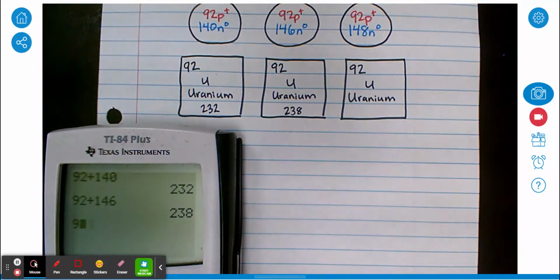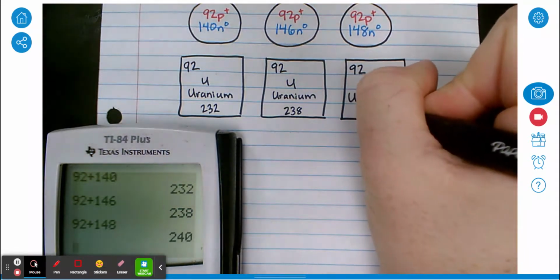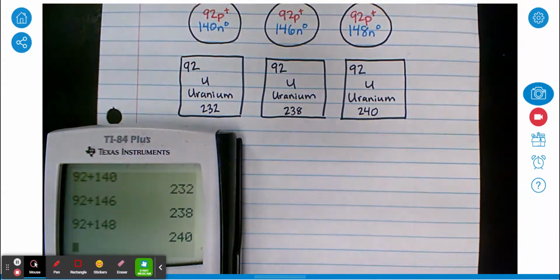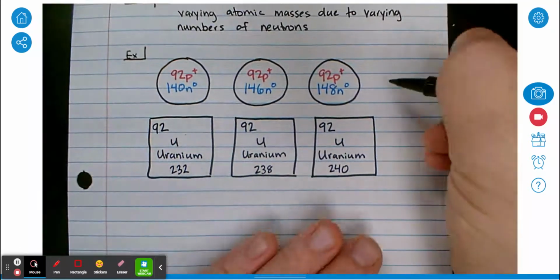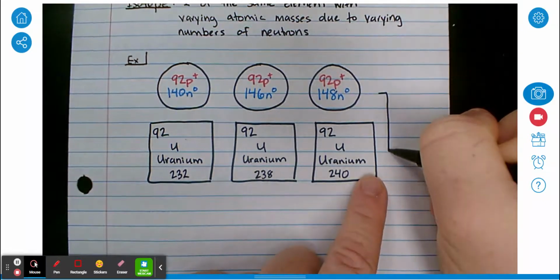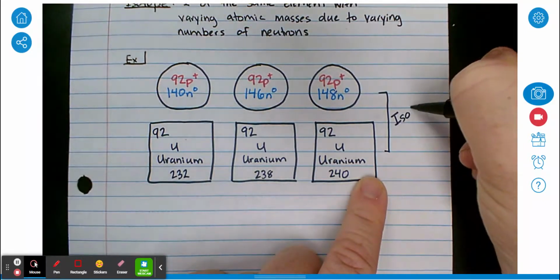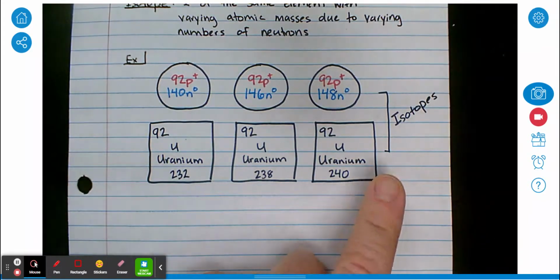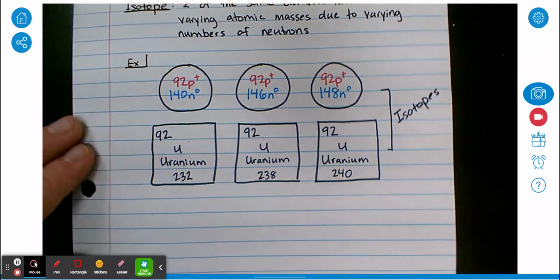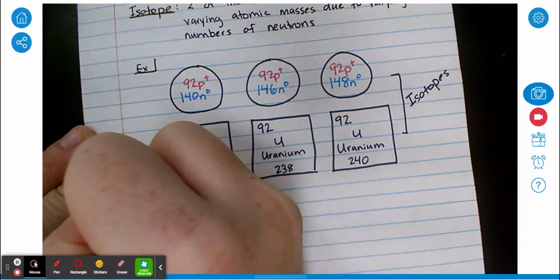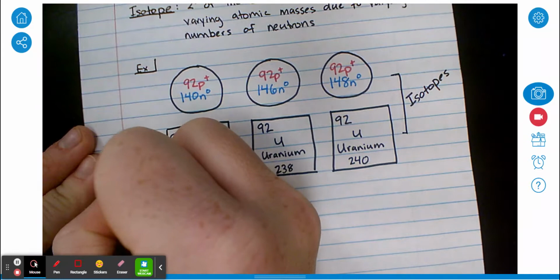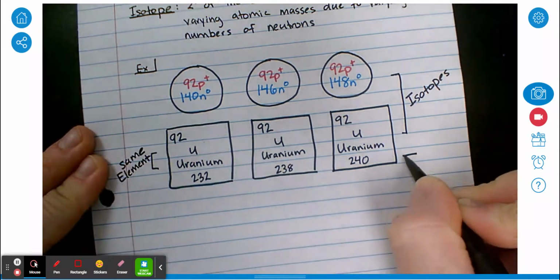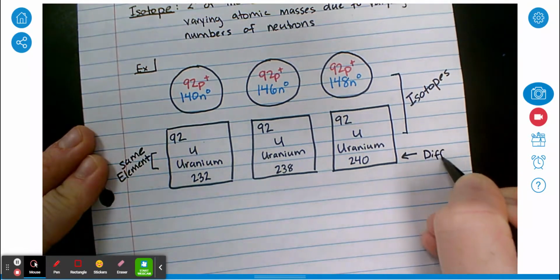And in my third element, I have 92 plus 148 for an atomic mass of 240. These are all isotopes. Same element, different mass.